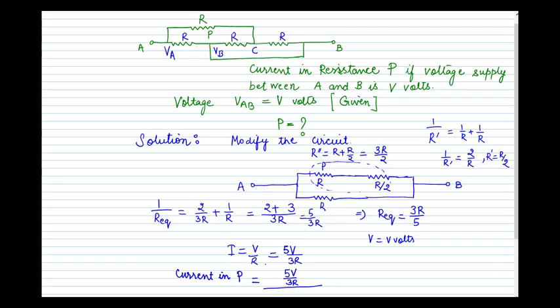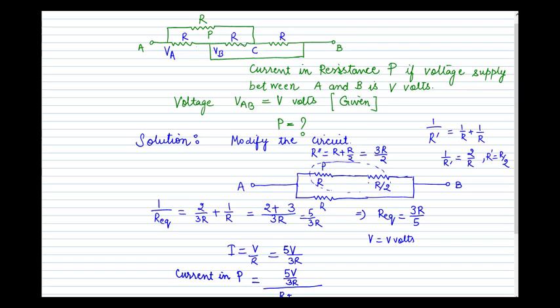So this will be equal to V upon R. Now if we look at R, this is R and this is R plus R by 2. So this is R plus R by 2 upon R. R plus R by 2 will give you 3R by 2.